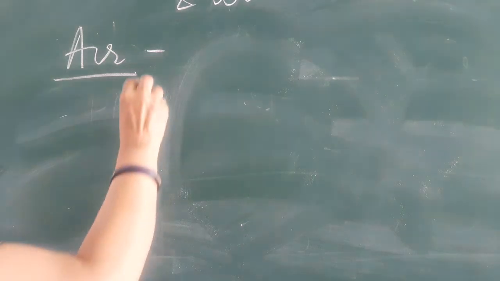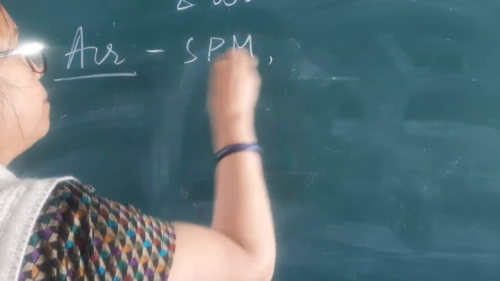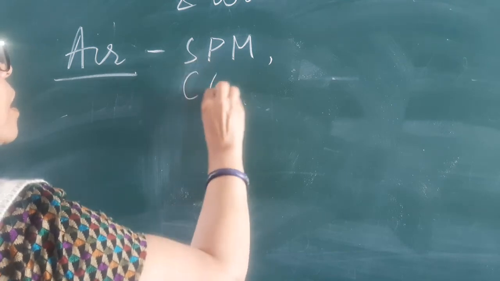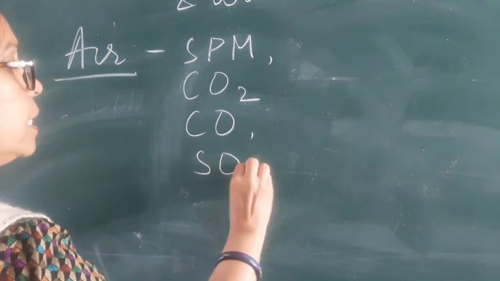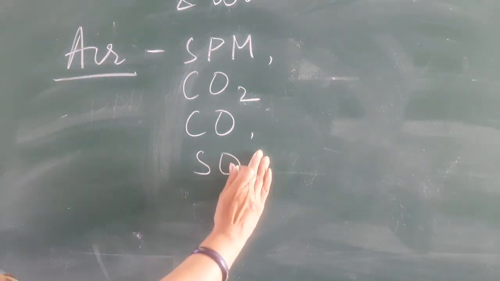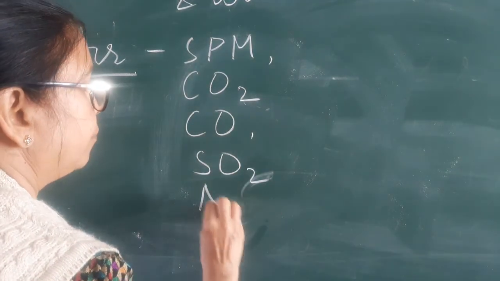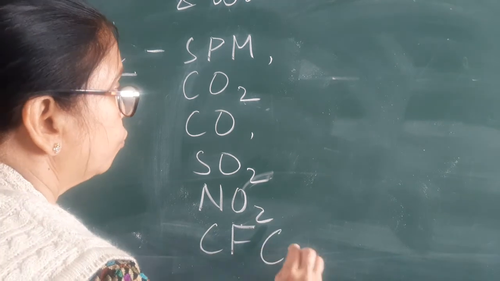Now children, let us talk about air pollution. There are a number of things which make the air polluted. One is SPM, then carbon dioxide gas, carbon monoxide gas, sulfur dioxide, sulfur trioxide, nitrogen dioxide, and chlorofluorocarbon.